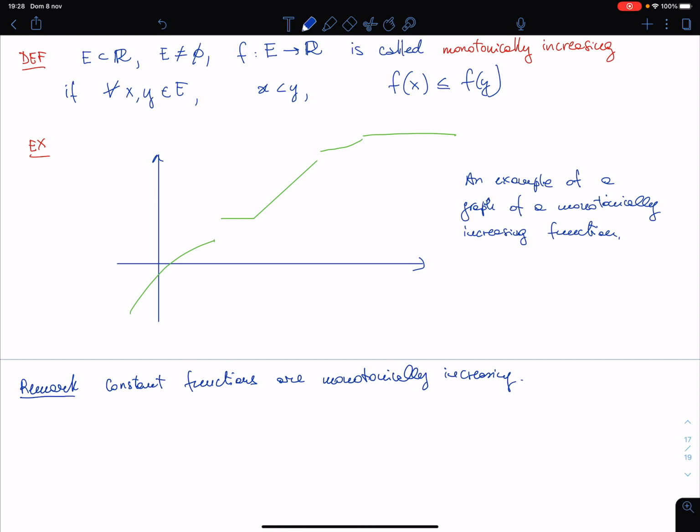The graphs of constant functions are horizontal lines.